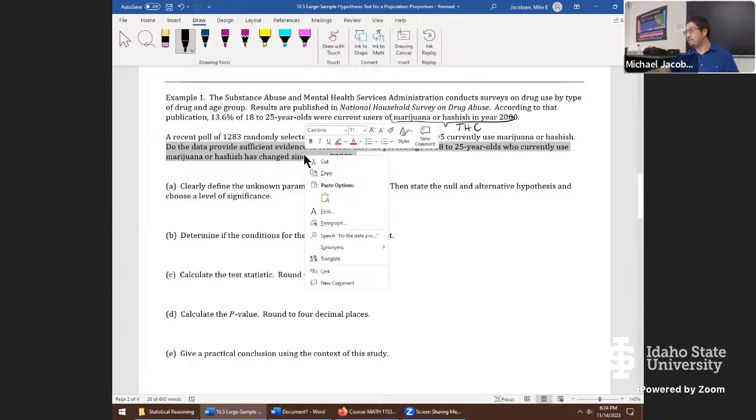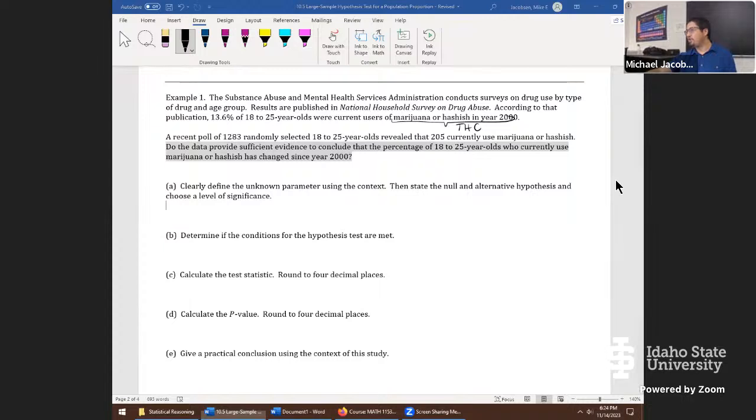I'm highlighting this sentence here this time. Let's go with just gray. Because anytime you see a question in a problem like this, that's probably the alternative hypothesis. This is the actual research question they're interested in. So we were probably going to reformulate that into an alternative.